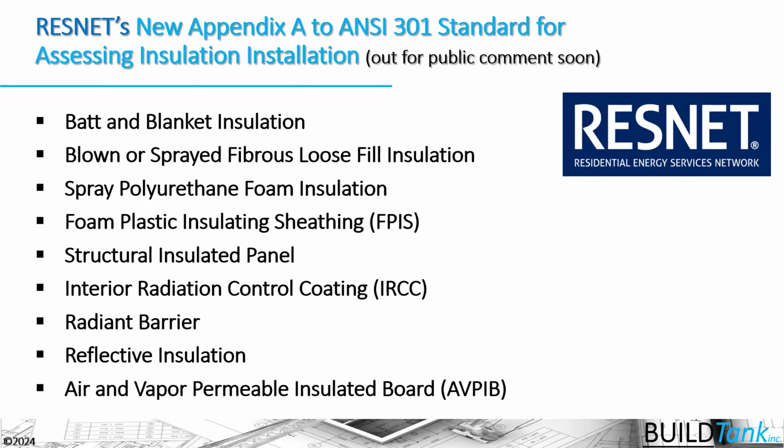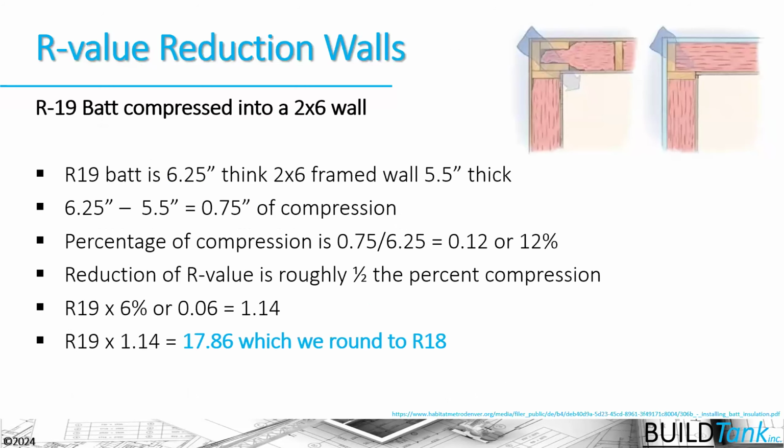Now, another example of why the installation of insulation is so important is if we take the simple example of an R19 batt in a 5.5-inch cavity that we call a 2x6. In a nominal 2x6 wall, the cavity thickness is actually 5.5 inches. An R19 batt is 6.25 inches thick. In order to install it properly in the cavity, we have to compress it by 3/4 of an inch.